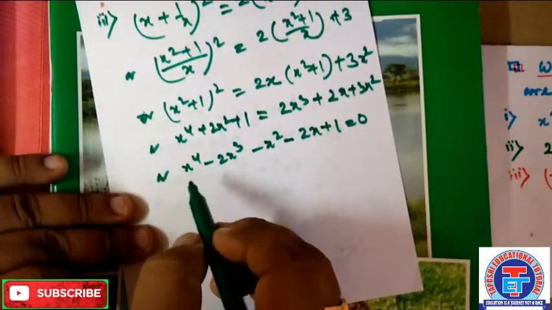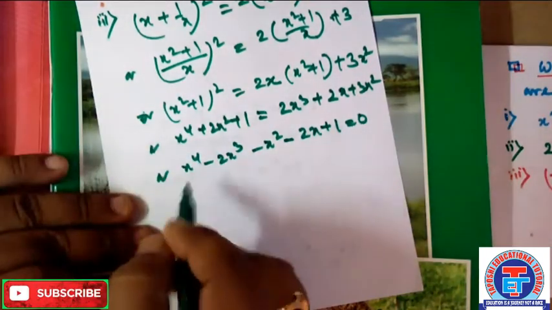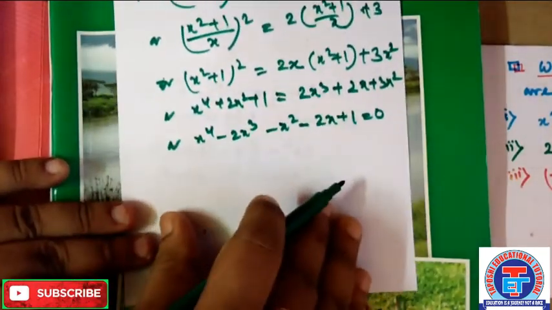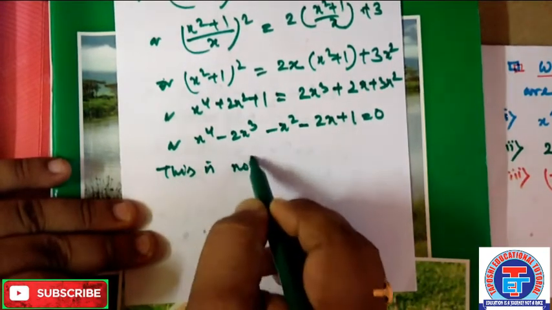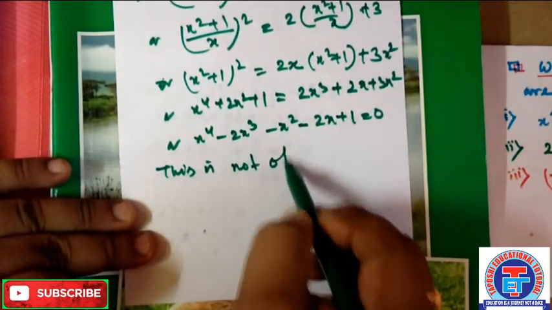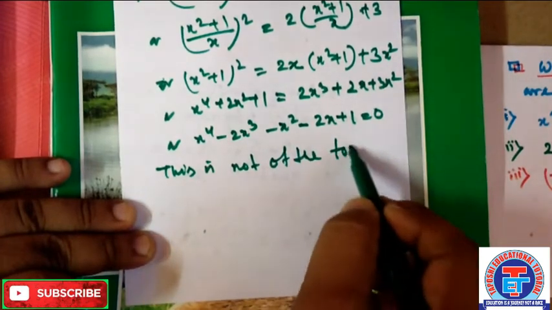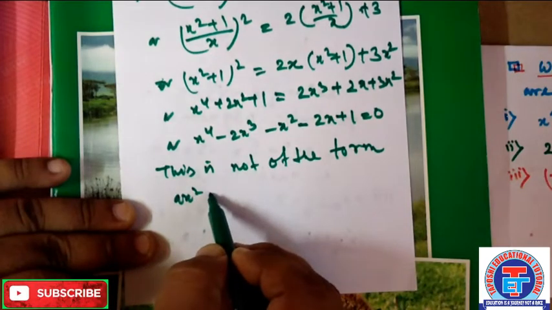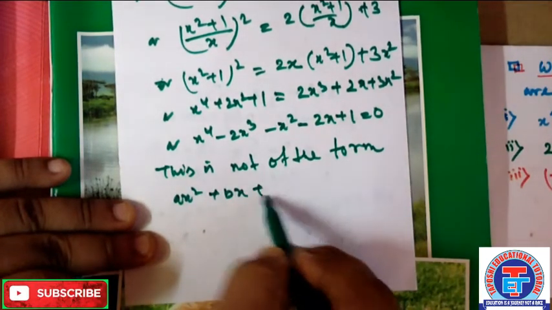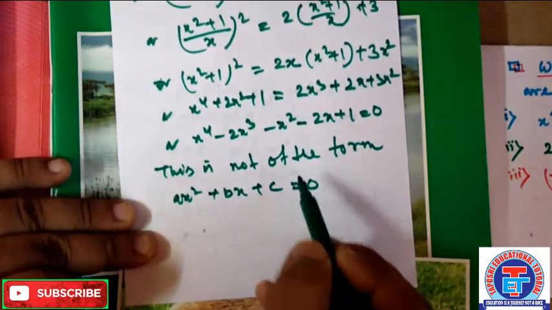So this is not of the form ax square plus bx plus c is equal to 0.